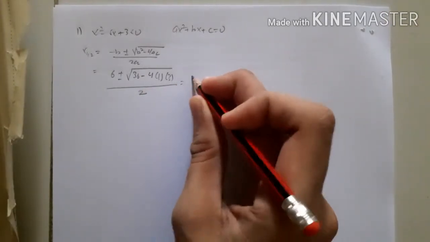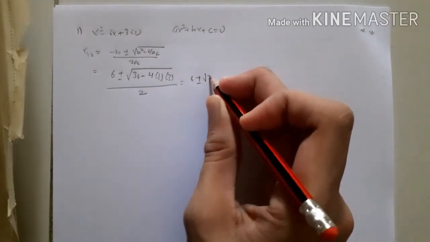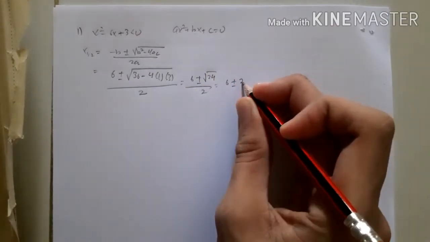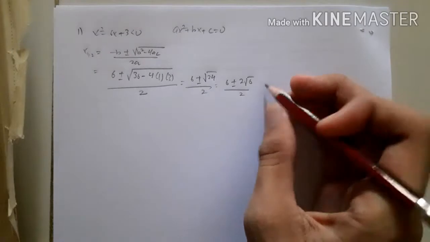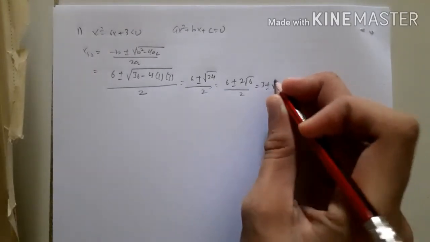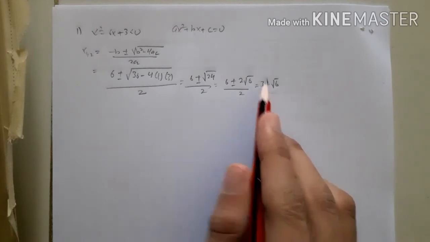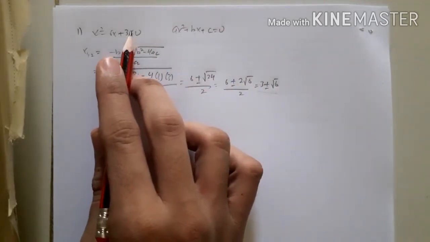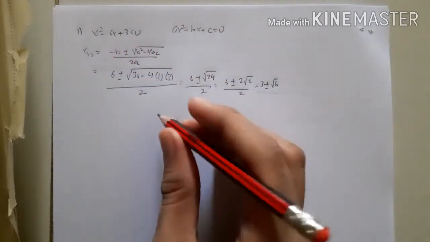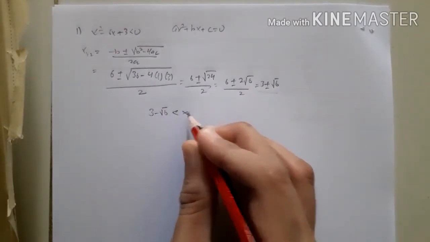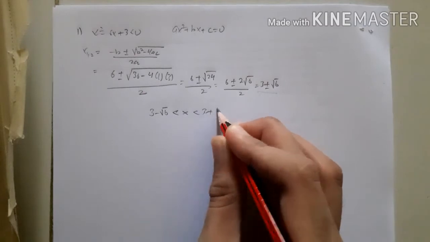So this is 6 plus or minus root 24 over 2, which is 6 plus or minus 2 root 6 over 2, which is 3 plus or minus root 6. Because we have less than 0, the interval is between 3 minus root 6 less than x less than 3 plus root 6.